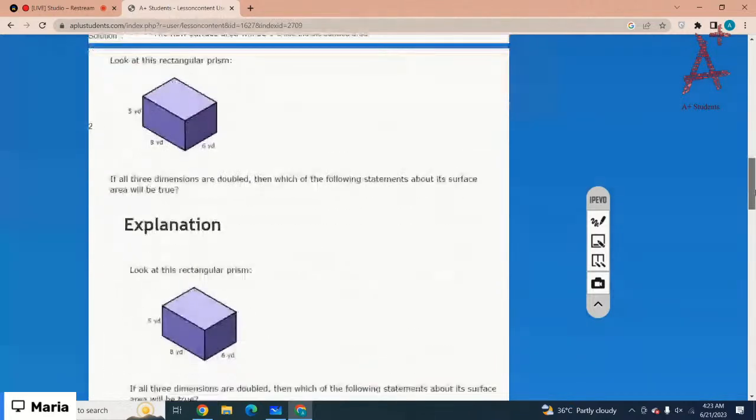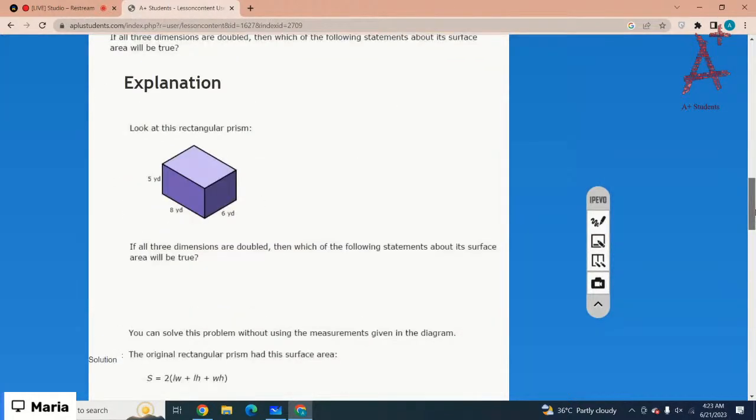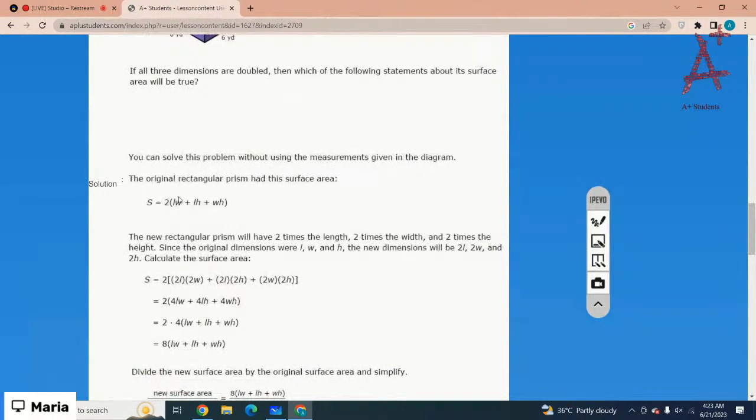Okay, the next one is look at the rectangular prism. If all the dimensions are doubled, then which of the following statements about its surface area will be true? So basically you are going to double all the side lengths. Got it? So how do we calculate the surface area? That would be 2 times length times width, length times height, and width times height. That is the formula we are using to calculate the surface area. Got it?